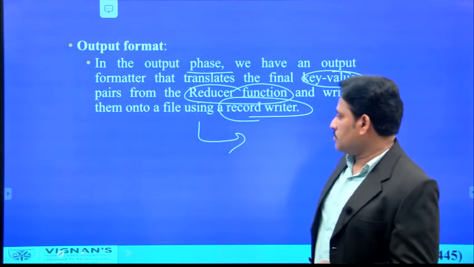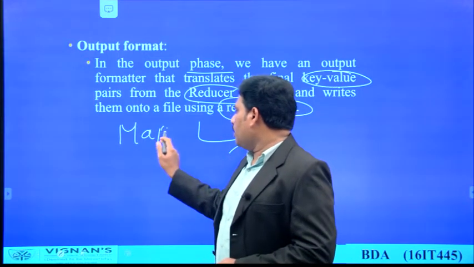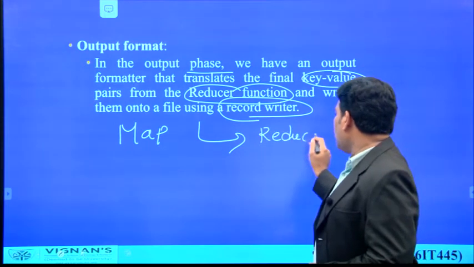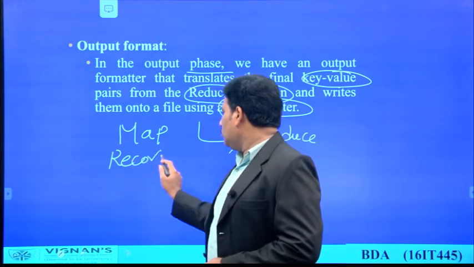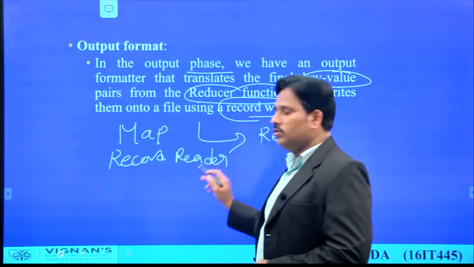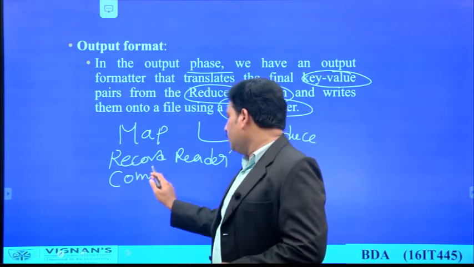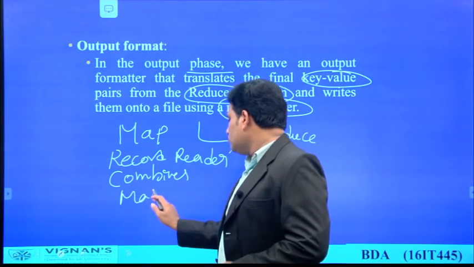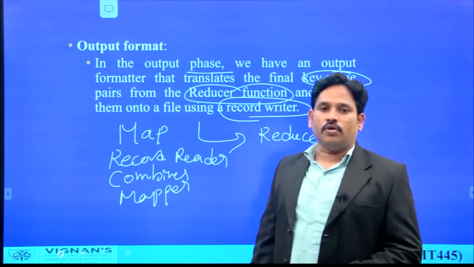So in this process we have two modules, the map module and the reduce module. In the map module we applied the record reader, which will read the data and split the data into small pieces, then combiner, mapper, and these other functions are going to be applied.